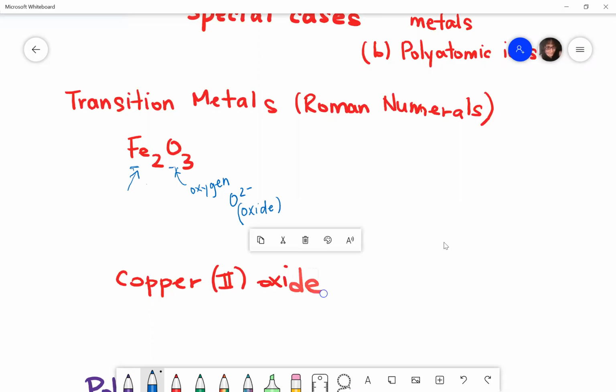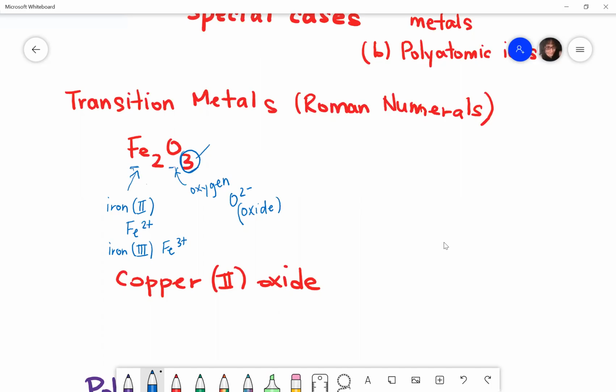And we know that this iron can either be iron 2, which is Fe 2 plus, or it could be iron 3, which is Fe 3 plus. What's going to help you figure that out is looking at the subscript value in terms of crossing over.